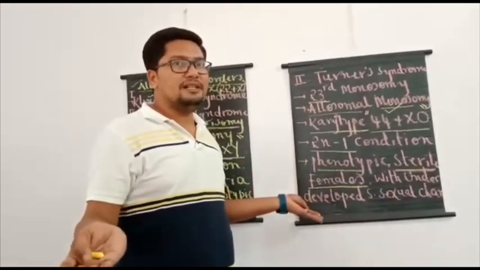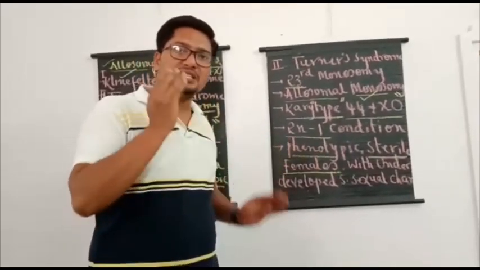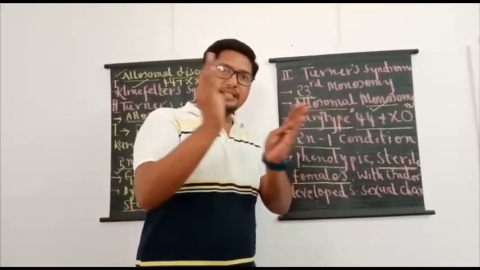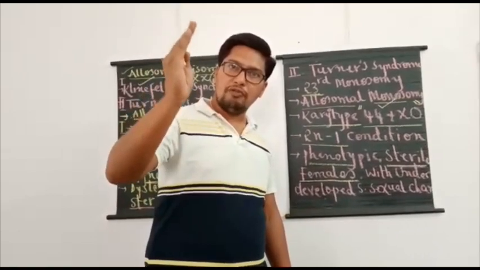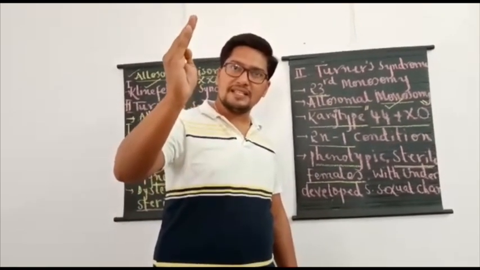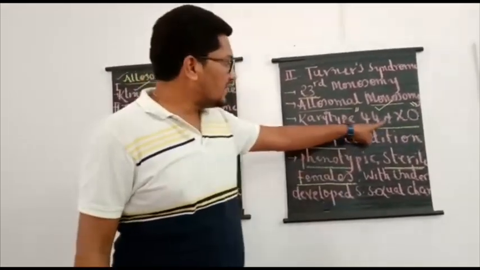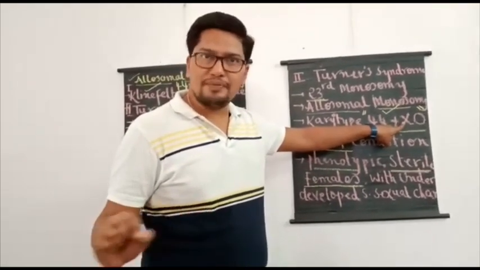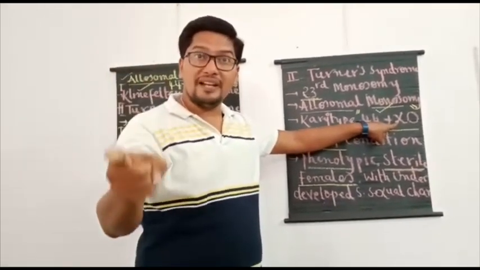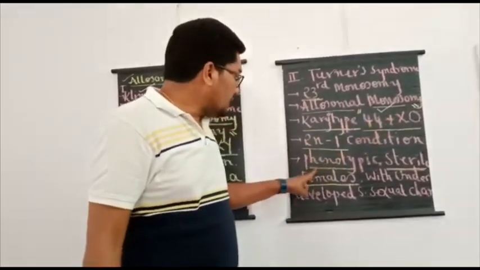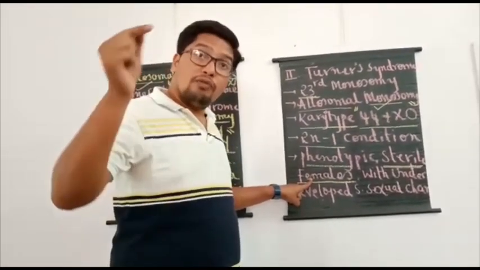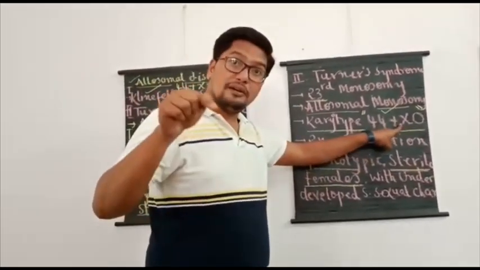It's very clear. In humans, what is the type of sex determination? XX-XY method. So presence of Y chromosome in the karyotype causes the maleness. Here in the karyotype, Y chromosome is absent. Hence their physical appearance is like female. But why are they sterile? One copy of X chromosome is missing.